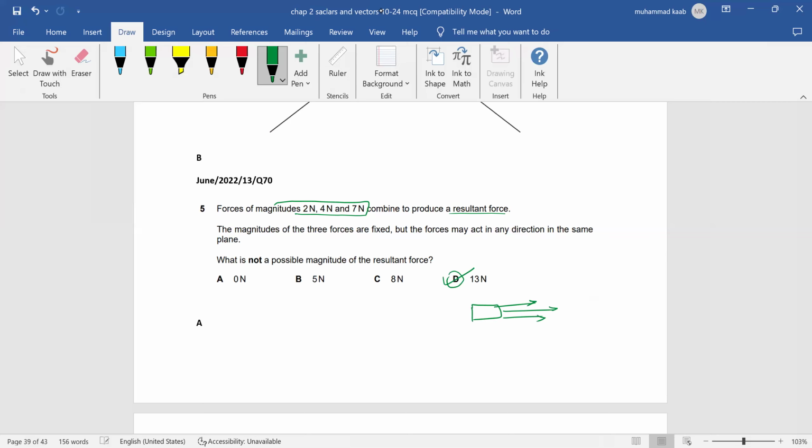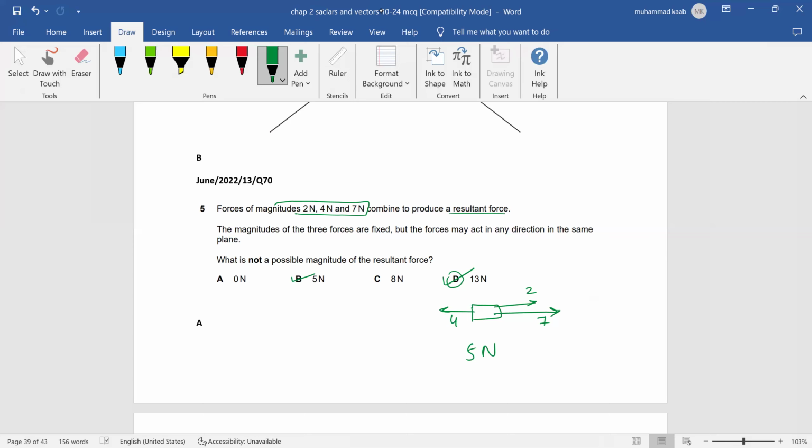And if you apply two forces in the same direction and one opposite, let's say 2 and 4 acting in this direction and 7 acting this way, there would be -1. This is a possibility, but not mentioned in the question. And if you apply 2 and 7 Newton this way and 4 this way, we'll get 9 minus 4, 5 Newton. This is also a possibility and mentioned in the question.